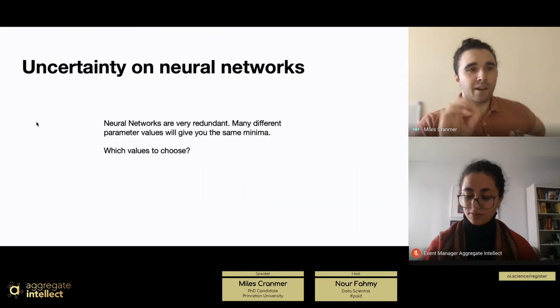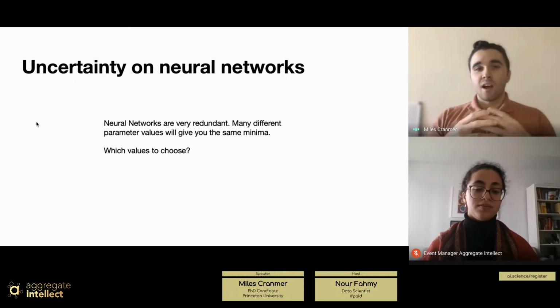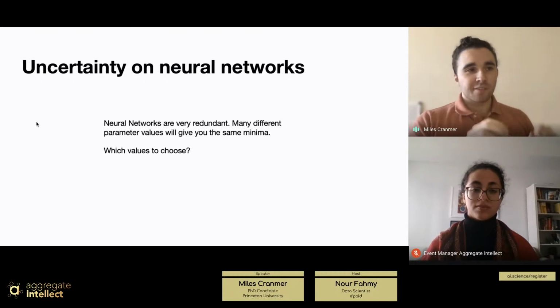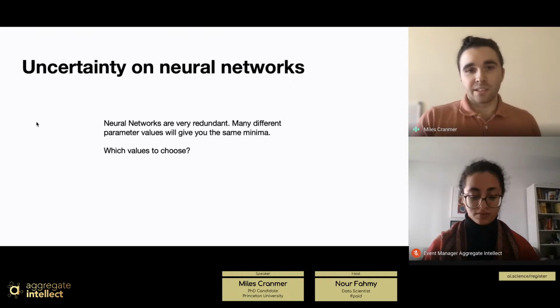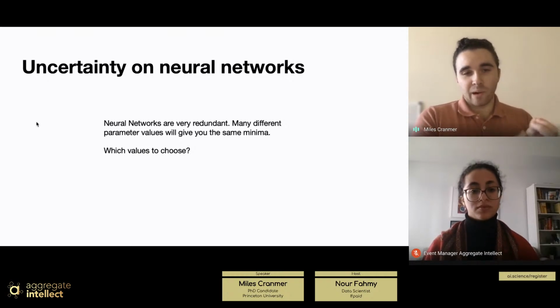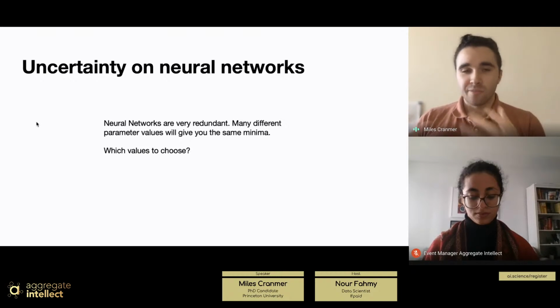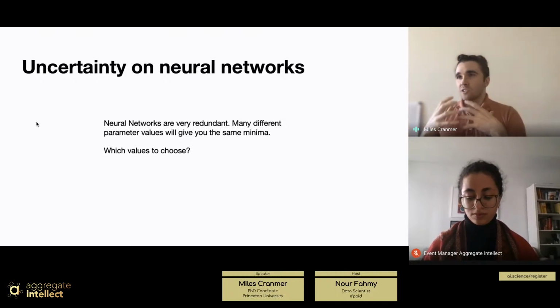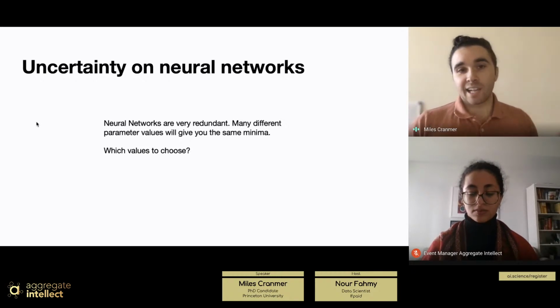Another type of uncertainty is due to the fact that neural networks are very redundant models. There are many different parameter choices, and you'll get the exact same model with a different parameter value in the minima, but it's the same exact model. So how do you know which values to choose? Because there are a lot of redundant models that give you the exact same loss.